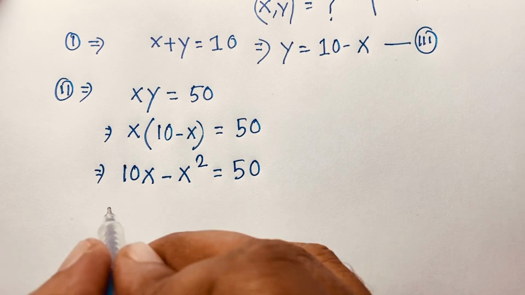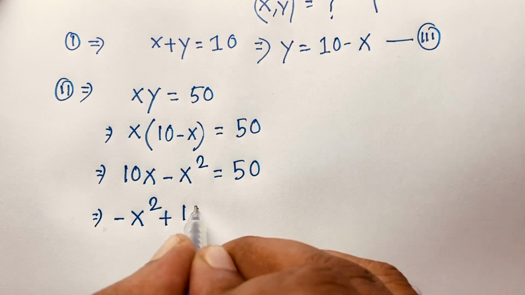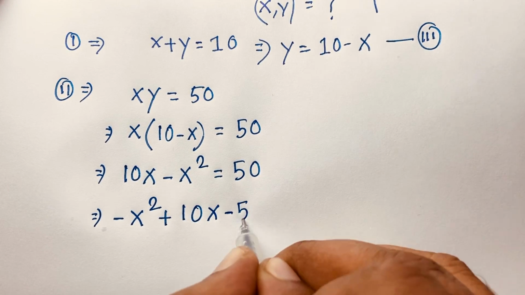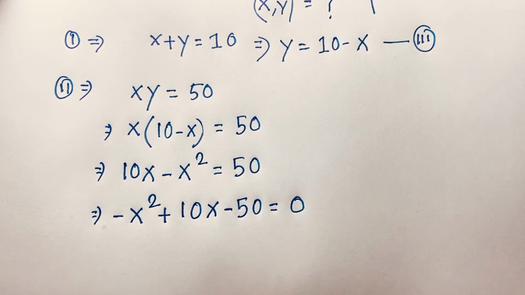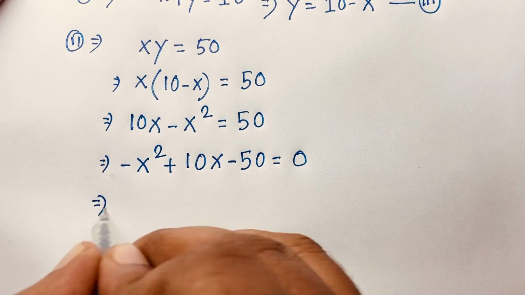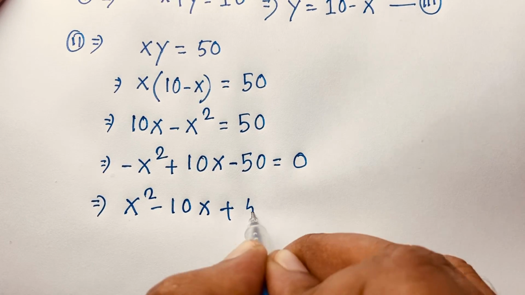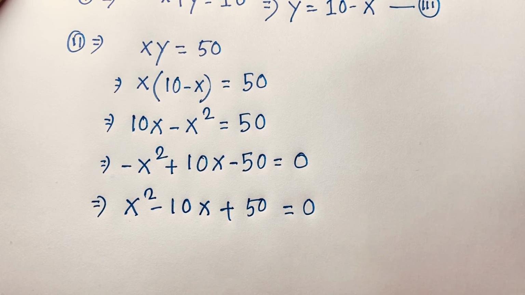So it will be negative x square plus 10x minus 50 is equal to 0. Now at this point, if I multiply both sides by negative 1, it will be x square minus 10x plus 50 is equal to 0.